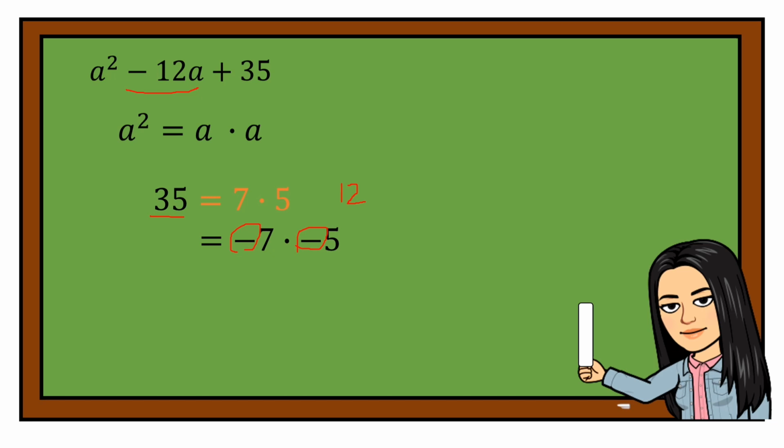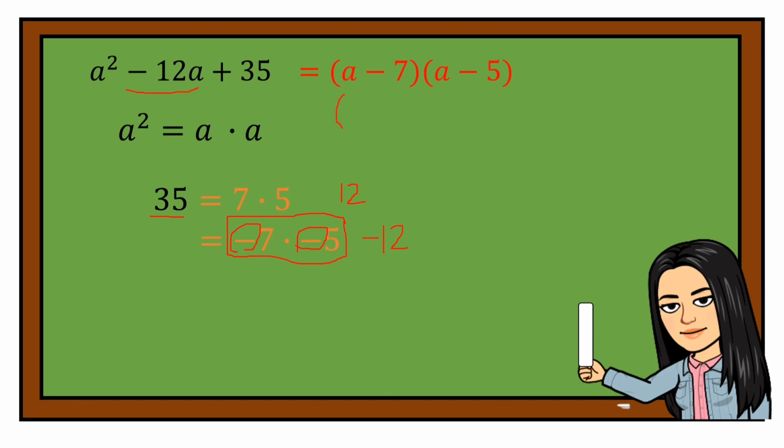So apply the rule in addition and subtraction of integers. Same sign, keep the negative sign, and then add 7 plus 5 is equal to 12. So this pair of numbers results in the middle term. Therefore, our factor is a minus 7 times a minus 5.